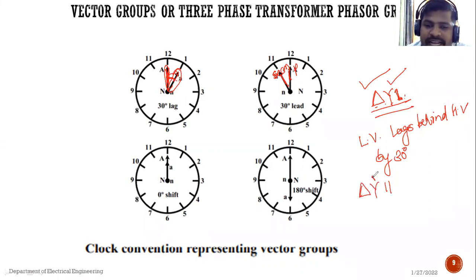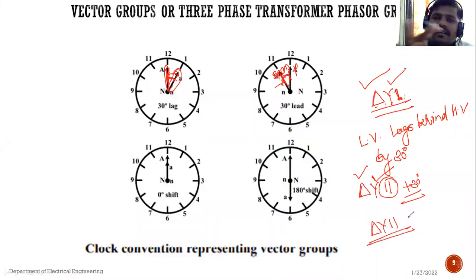That means secondary winding, it can be leads by primary by an 30 degree angle, that is plus 30 degree angle. Okay, हा leading आहे, हा काटा lead होतो याच्या. With reference to that, this is the leading angle. So this secondary, it leads to that of primary by an 30 degree angle. So it can be represented by delta star 11.